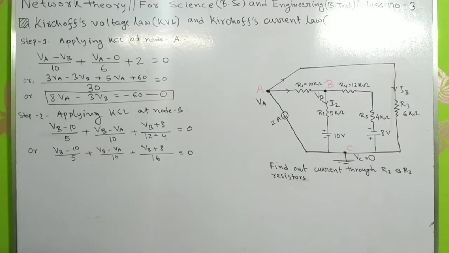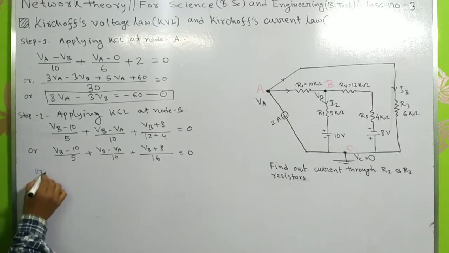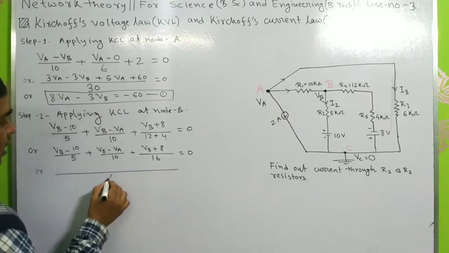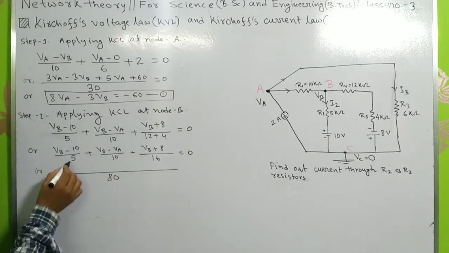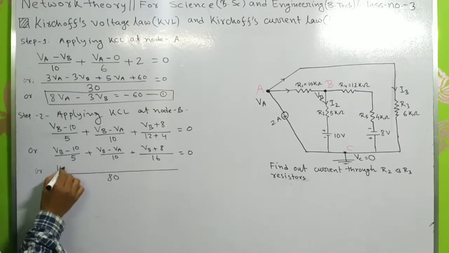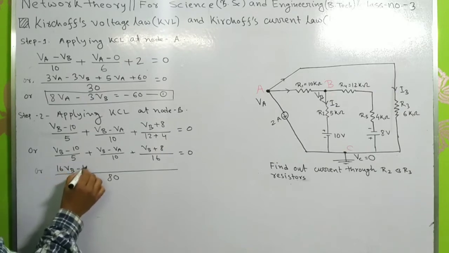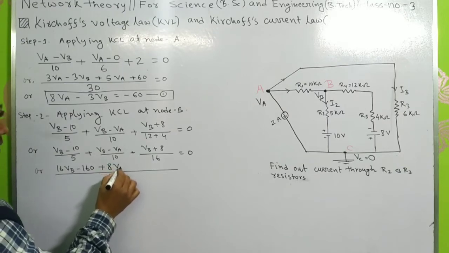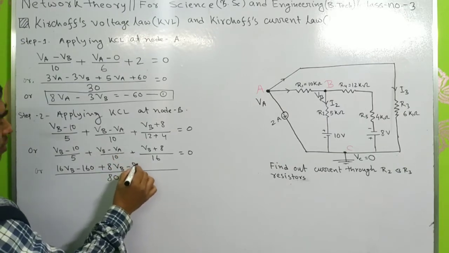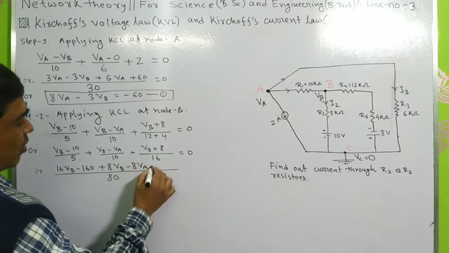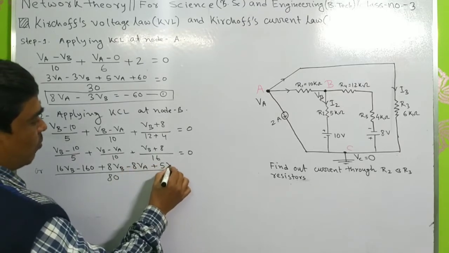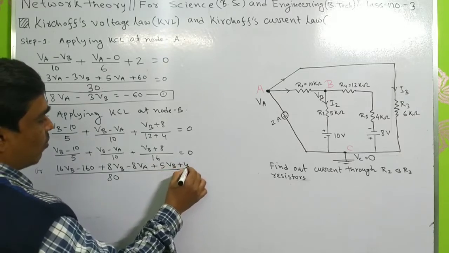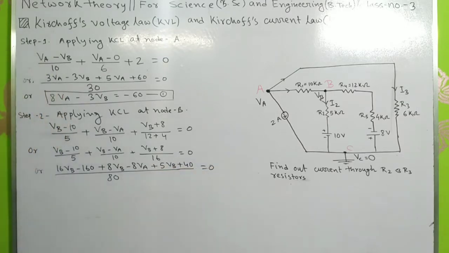Now if I simplify this equation, multiplying by 80, it will be 16VB minus 160 plus 8VB minus 8VA plus 5VB plus 40 equals 0.